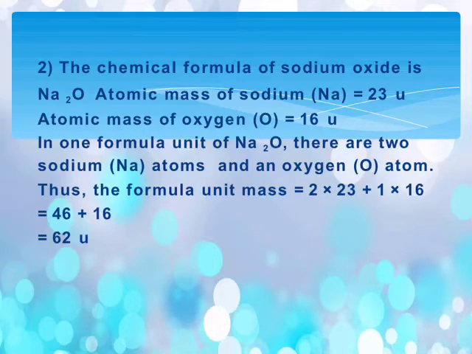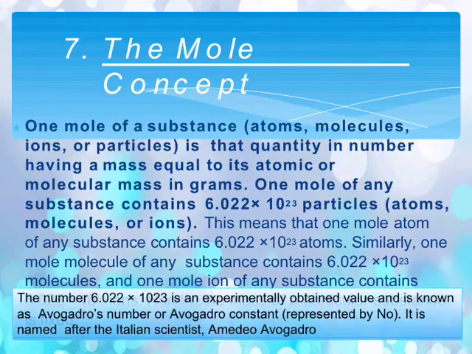Okay. Now continuing further, the mole concept. 1 mole of a substance, whether atoms, molecules or ions, is a quantity in number having a mass equal to its atomic or molecular mass in grams. 1 mole of any substance contains 6.022 into 10 raised to power 23 particles of atoms, molecules or ions.